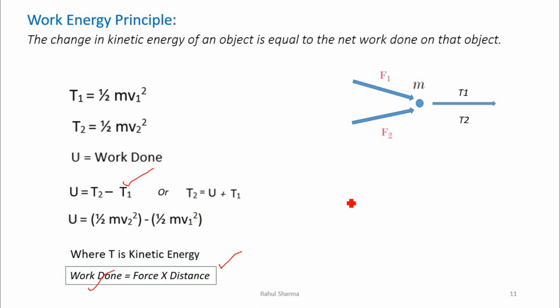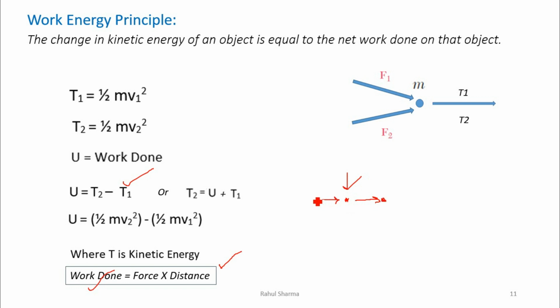Means if this is an object and a number of forces, let's say a vertical force is acting and a horizontal force is acting, and due to these forces, this particle moves a distance in this direction and it reaches here.